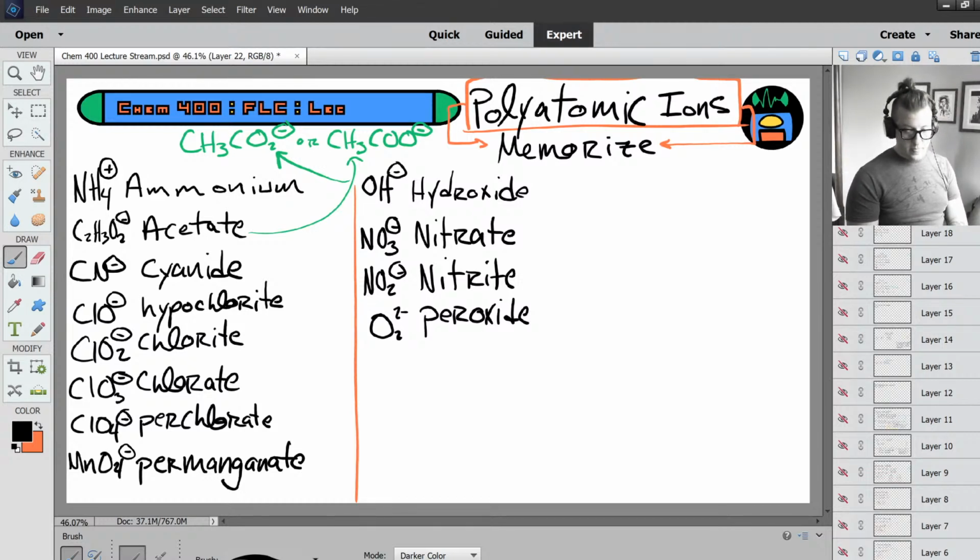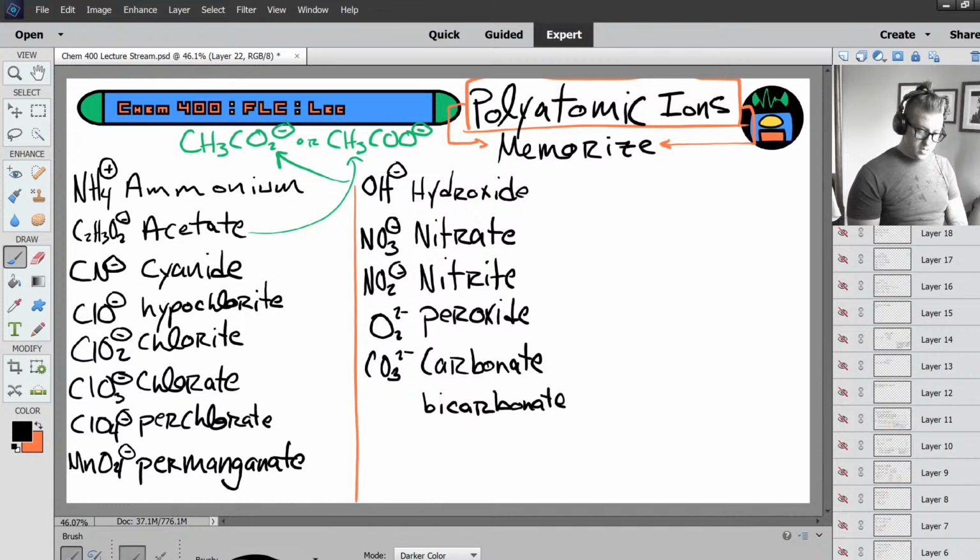We have carbonate, which is CO3 with a negative 2 charge. We have bicarbonate. Sometimes this is called hydrogen carbonate, which is HCO3 with a negative 1 charge.